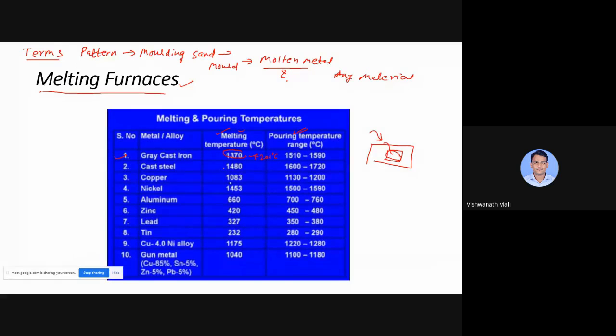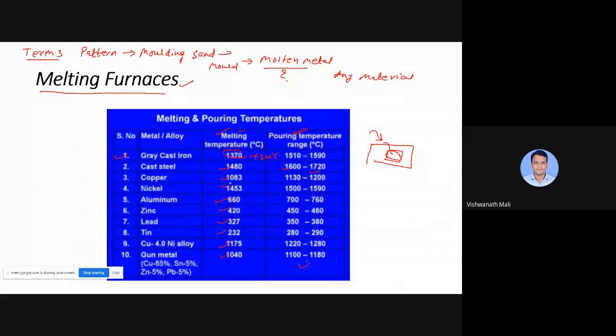For steel, the melting temperature is 1480 degrees Celsius, but we need to heat up to 1600 or 1700 degrees Celsius, depending on the type of steel. Same in the case of cast iron, nickel, aluminum, zinc, lead, tin, copper alloy, nickel alloy, and gunmetal. The melting temperatures differ, and the pouring temperatures differ. We need to heat more, up to the pouring temperature.